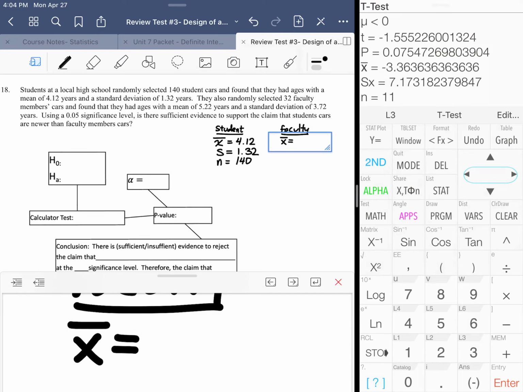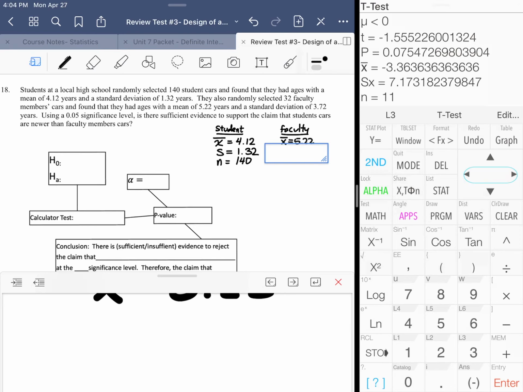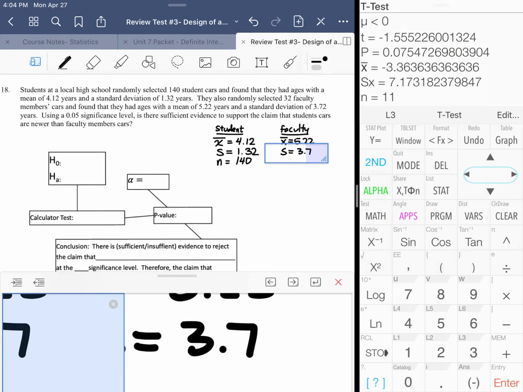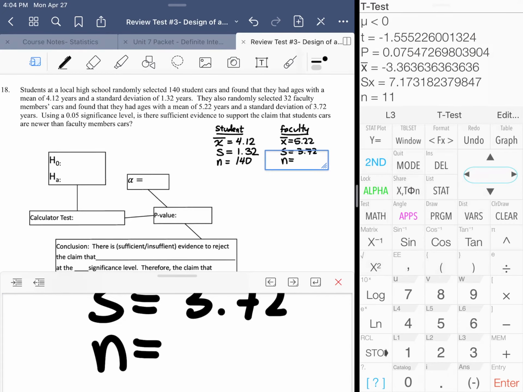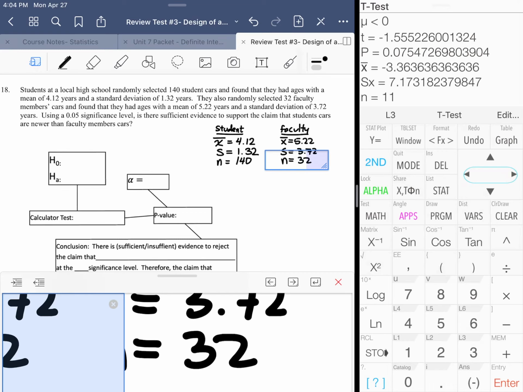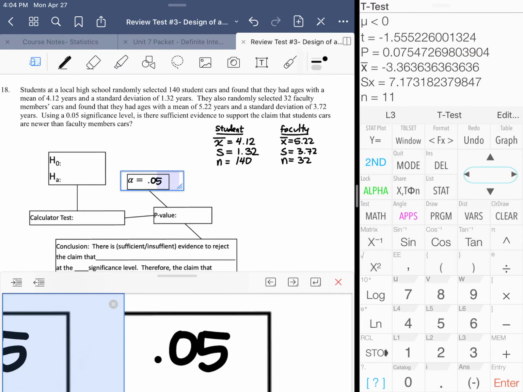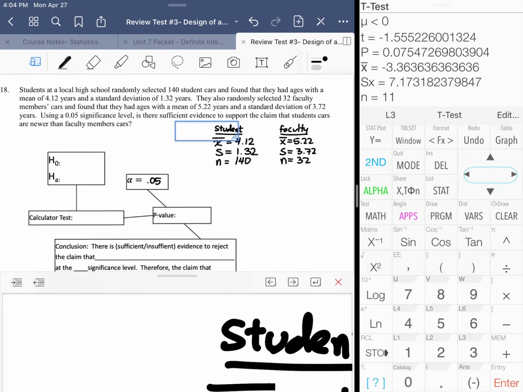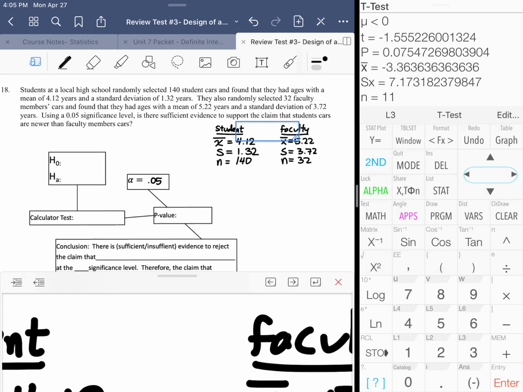Faculty: the X bar, 5.22. So faculty cars are older. Standard deviation, 3.72. And there were 32 of those cars. 0.05 significance level.